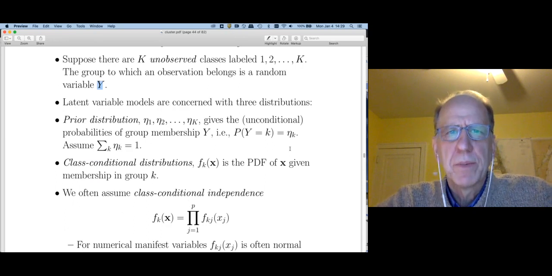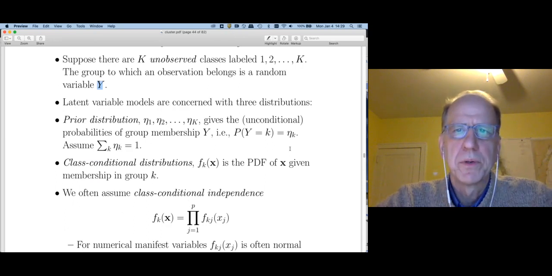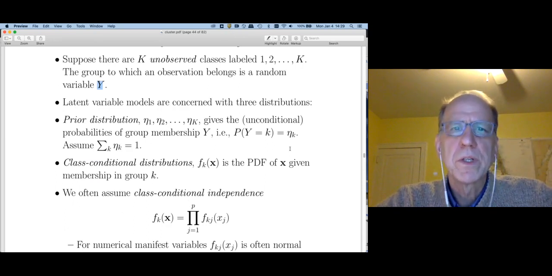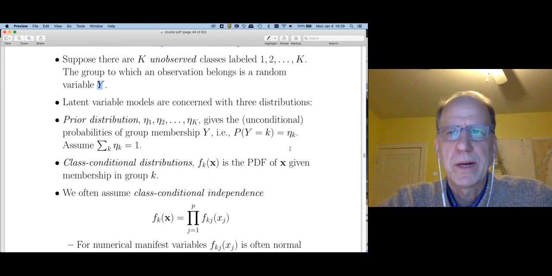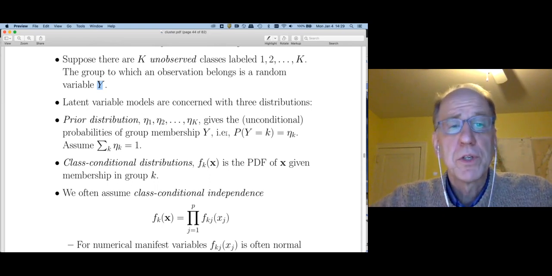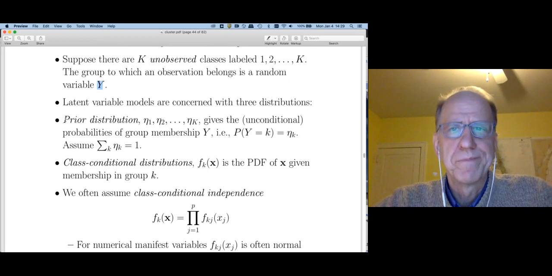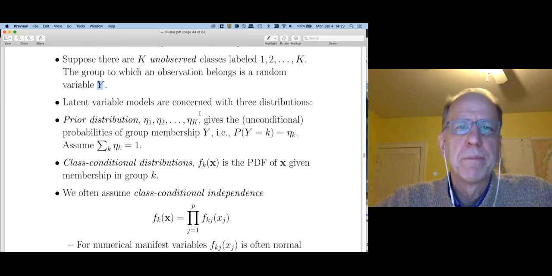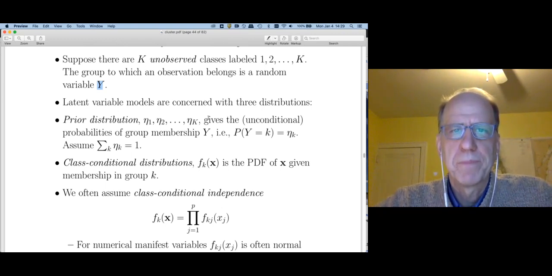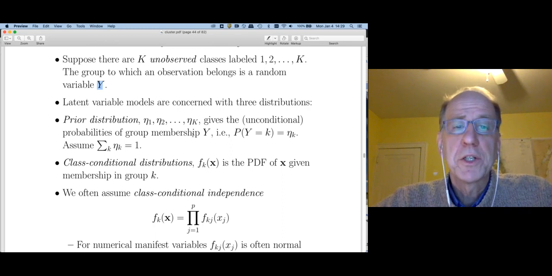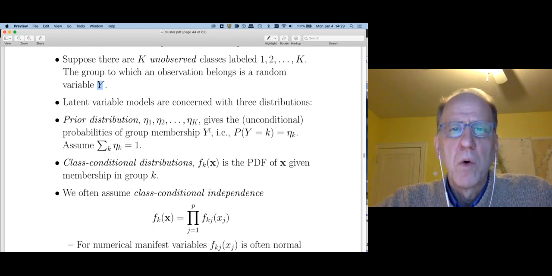So finite mixture models concern themselves with 3 or maybe 4 distributions, depending on which ones you want to count. The first distribution is called the prior distribution. The prior distribution gives what I like to call the unconditional probability of group membership. So if you draw an observation at random from the population, what's the probability that it comes from any one of the classes?